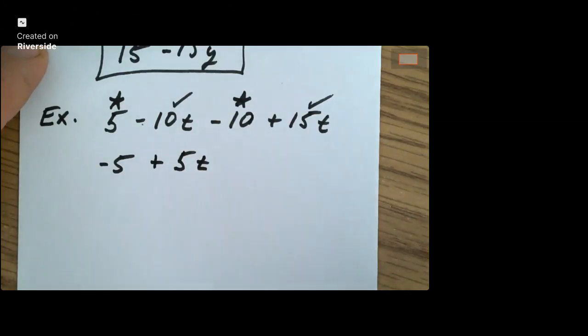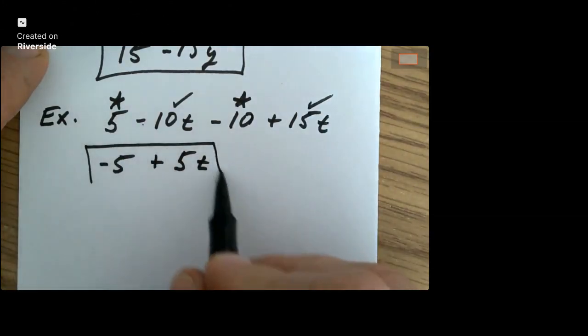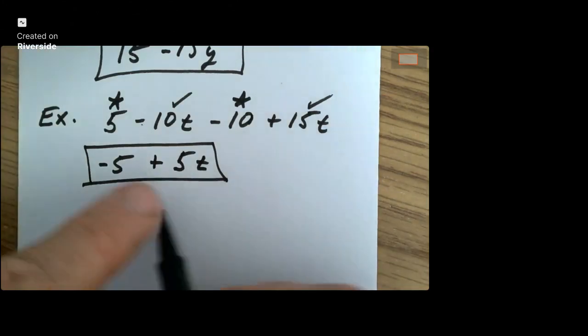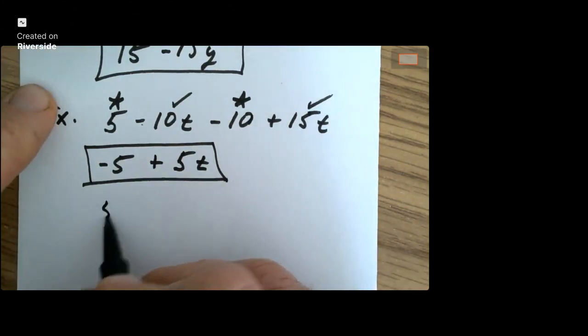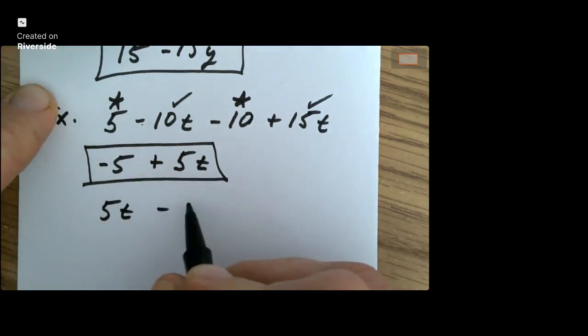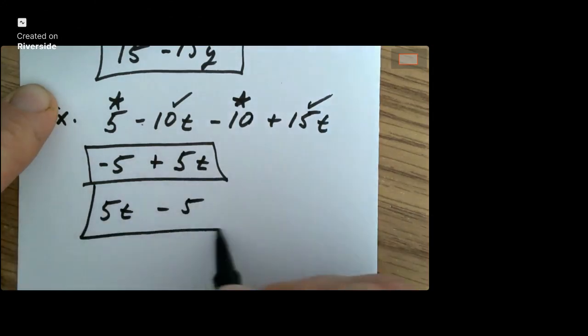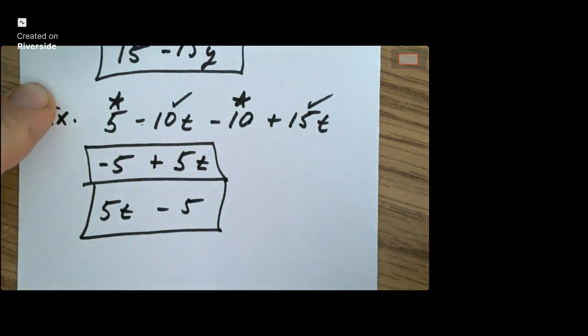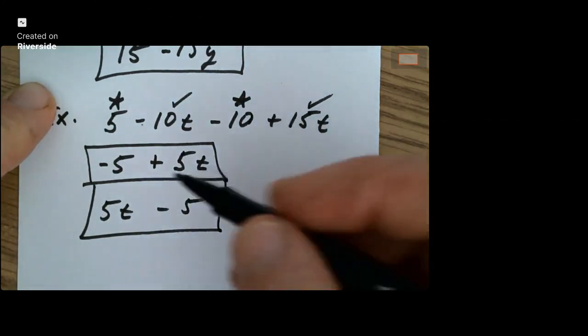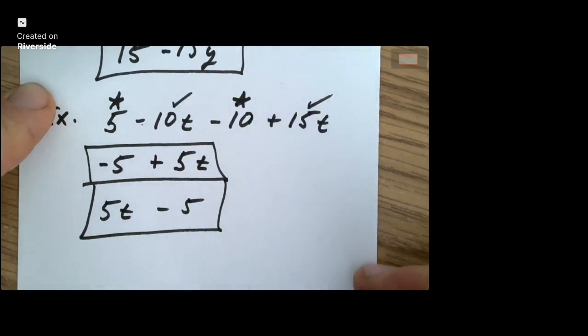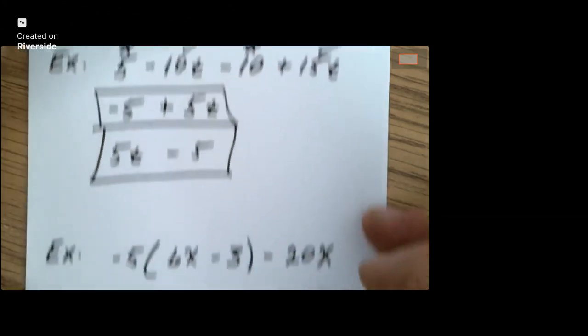And there we go. So we've done our combination of like terms there. So there is a good answer. And also, we could use the commutative property and flip those, which would become that answer. So those two answers are actually equivalent, right? They look a little bit different, but mathematically, they're still the same.